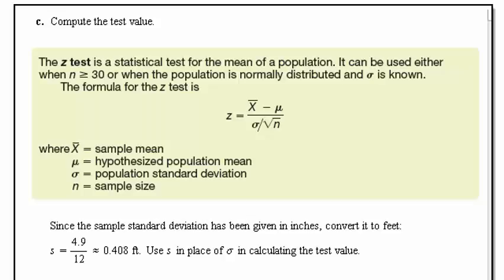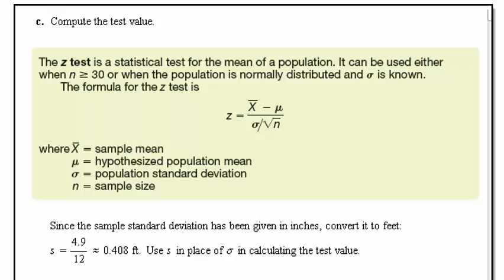So the formula for the z-test is given right here, and you've got all the variables listed. So we take z is equal to the sample mean minus the hypothesized population mean divided by the population standard deviation, which is divided by the square root of the sample size.